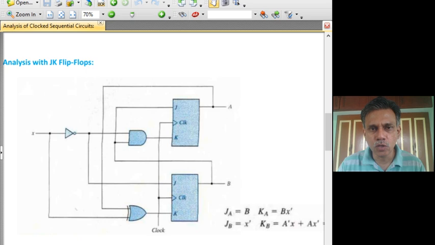Taking these new states in the state equation, you can then follow through the sequence of states that are being visited by the finite state machine. And for a given input sequence, you can use this to find out the output sequence.